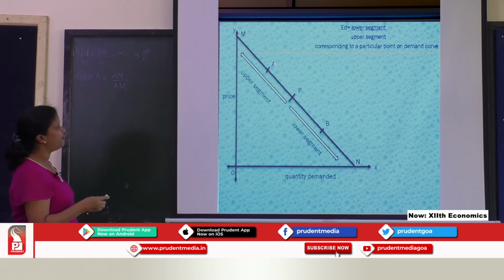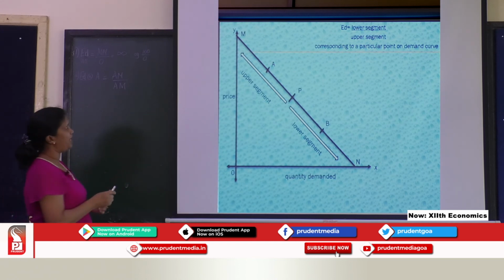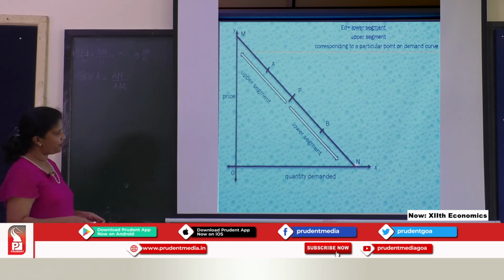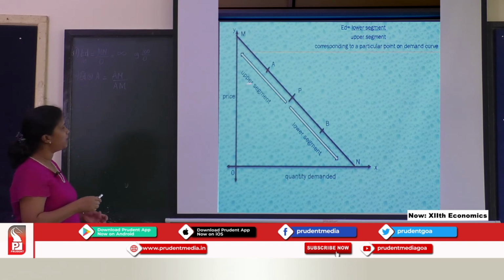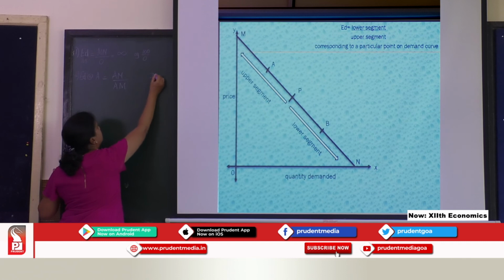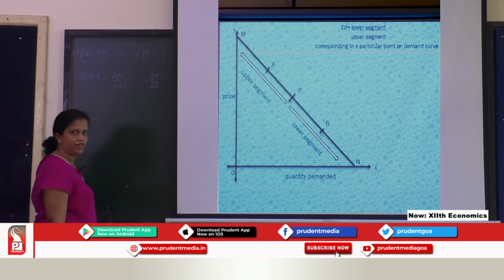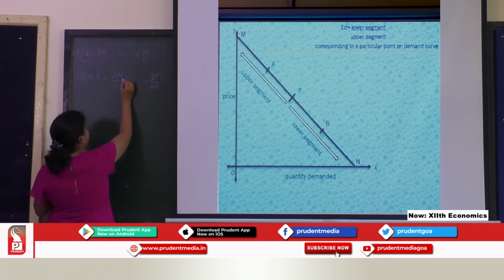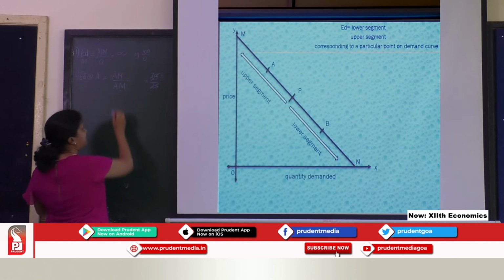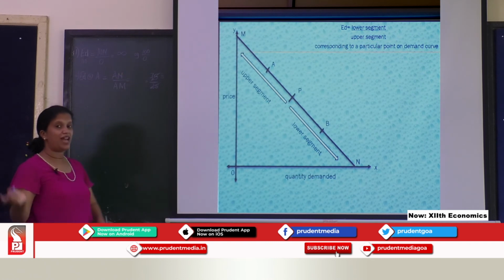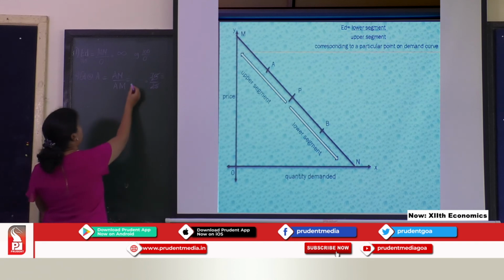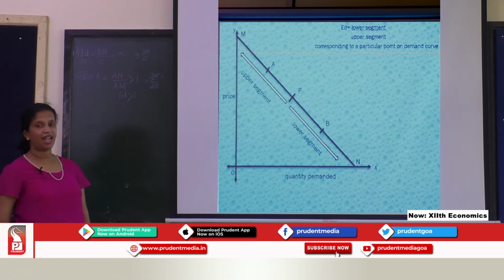So, in terms of a value, this would be like 75, and this length would be 25. Either way, they would cancel out, and I would be remaining with 3. Or, since this length is greater than this length, I will get a number whose value is greater than 1. Therefore, ED is greater than 1 at point A.